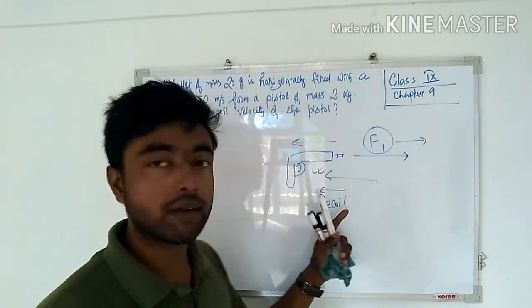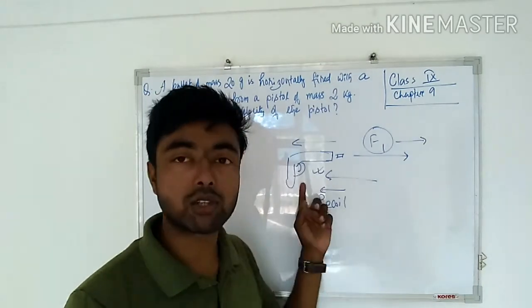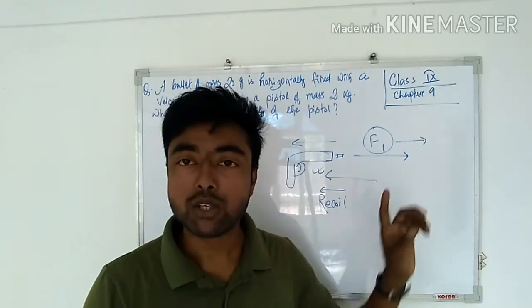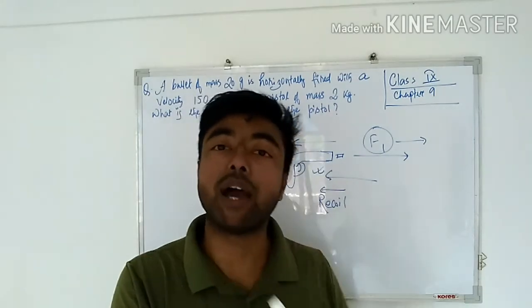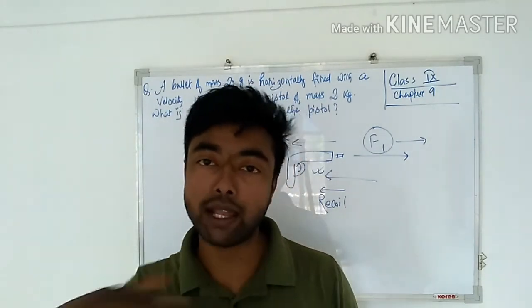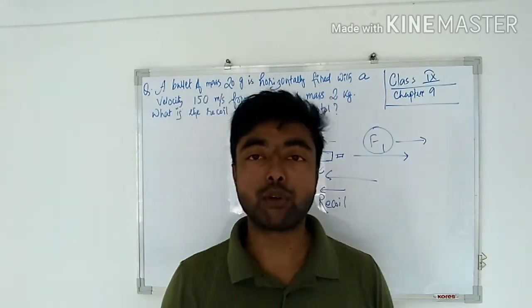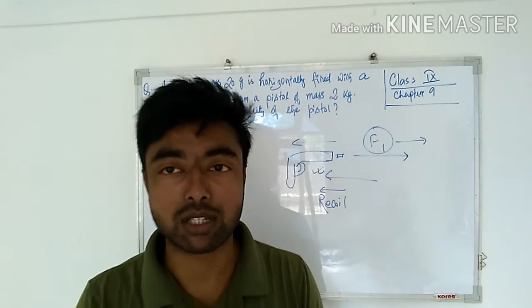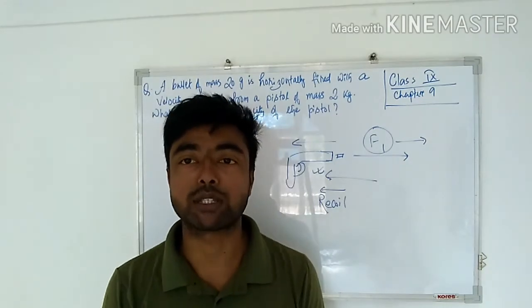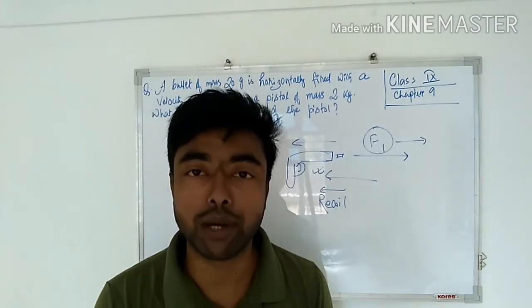Here we have two objects, one is the pistol, one is the bullet. So you have to see before firing and after firing, the total momentum should be constant. This is the law of conservation of momentum.